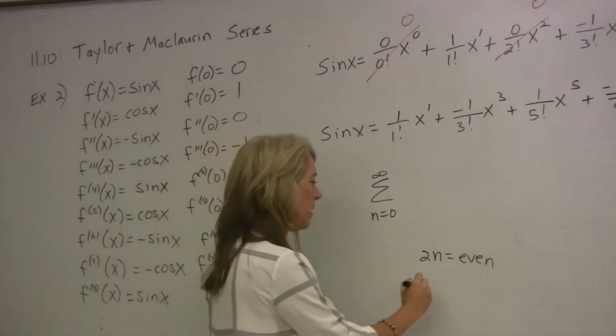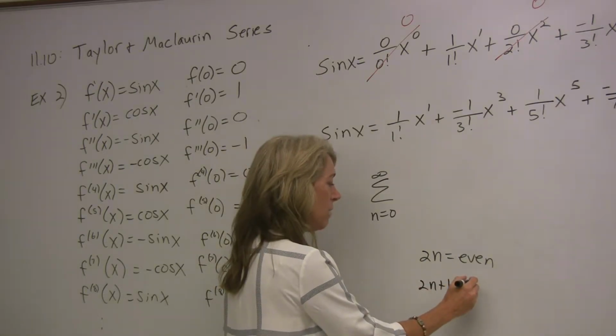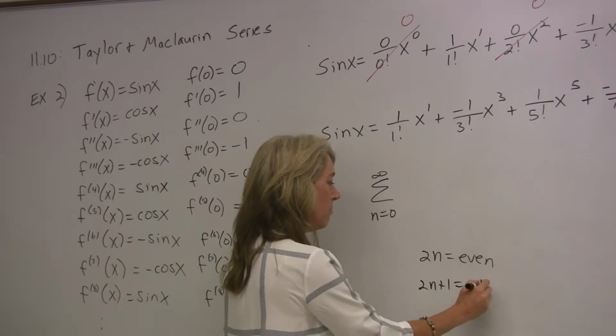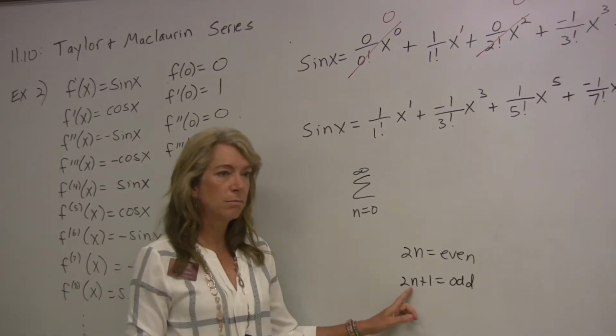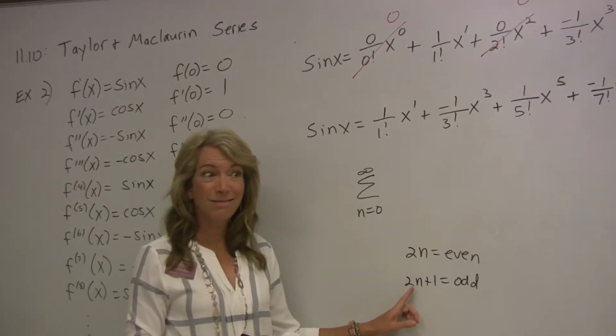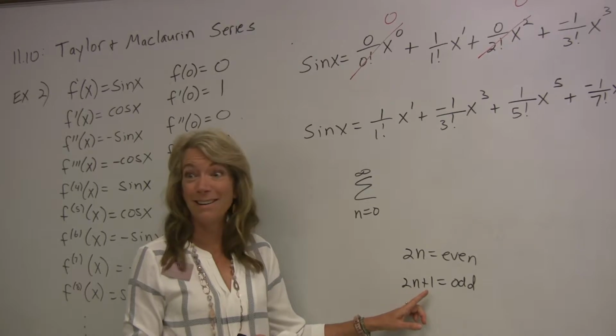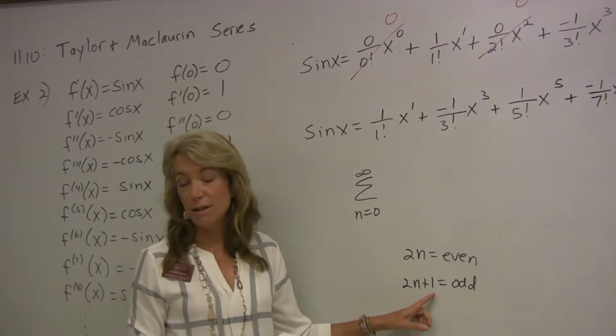I'm actually going to do a plus 1. Subtracting 1 wouldn't be wrong either. 2n plus 1 would be odd, right? Because if I plug 0 in there, I'll get 1. What happens when I plug 1 in there? I get 3. And when I plug 2 in there, I get 5, and so forth.